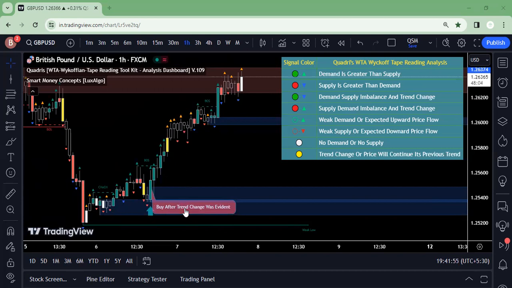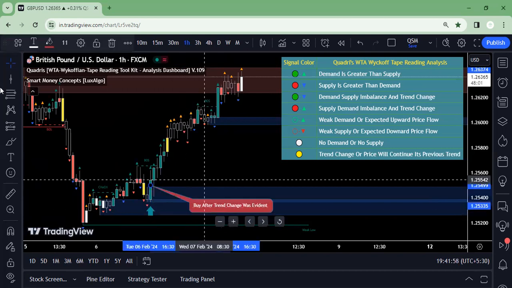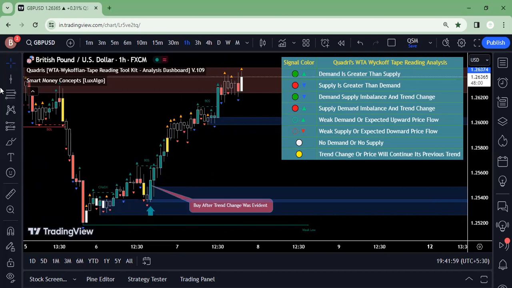one second, let me move it sideways so that everybody is able to see this one. I'll change the color.